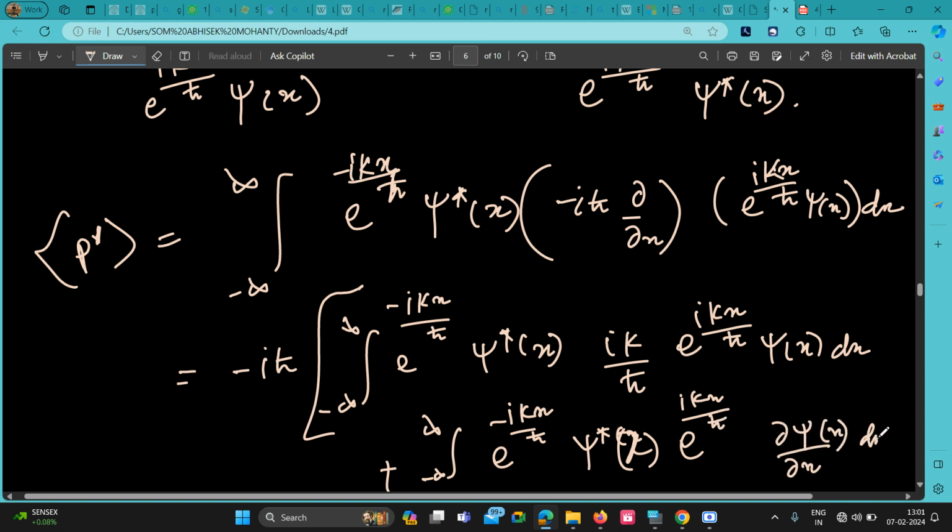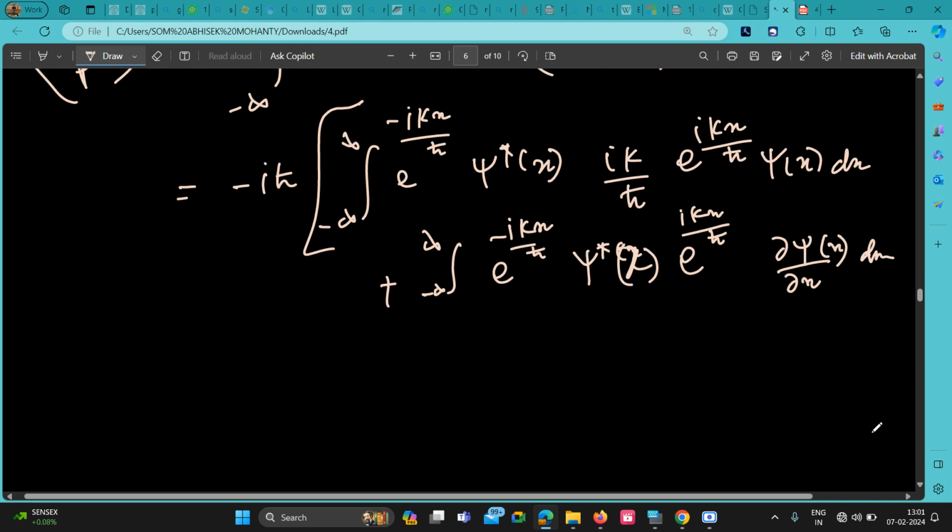Okay, dx. This was the whole thing. Now if you see this e to the power ikx and minus ikx, these would be like 1, right? Minus i plus i, that will be 1. So the power will be 0, and e to the power 0 is 1.